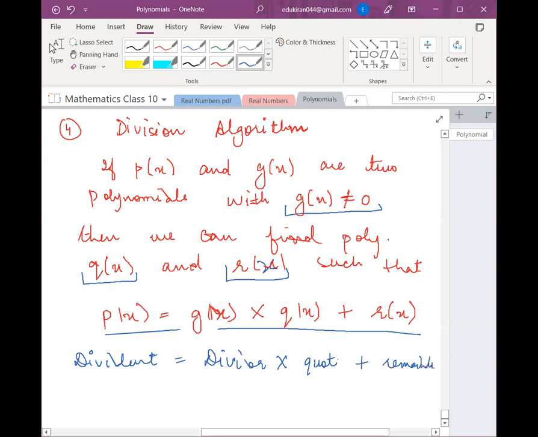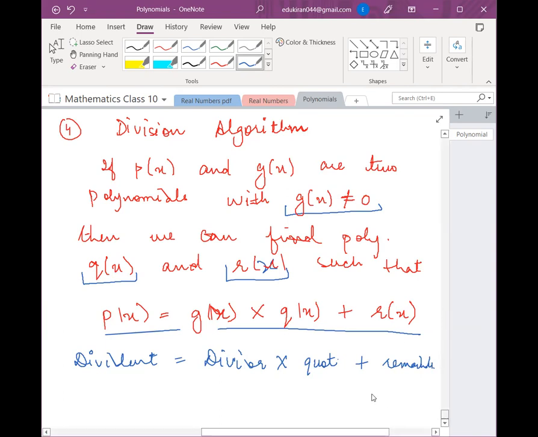So it is saying that if we divide p(x) by g(x), we will find two polynomials q(x) and r(x) that satisfy this condition. Understood? Yes. So it is nothing but dividend is equal to divisor into quotient plus remainder. This is the division algorithm.